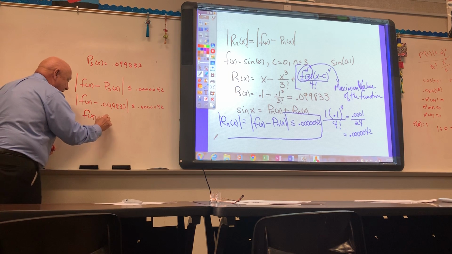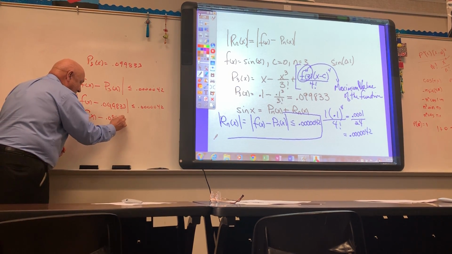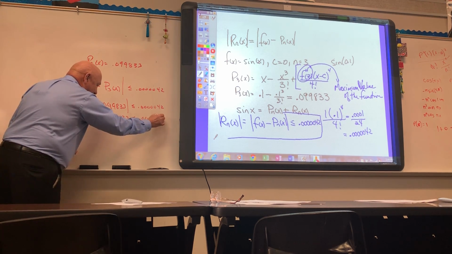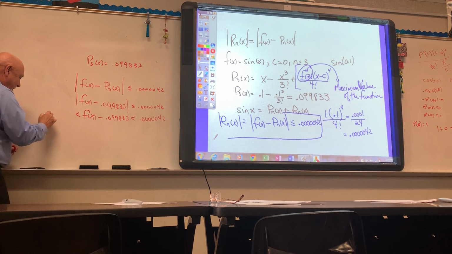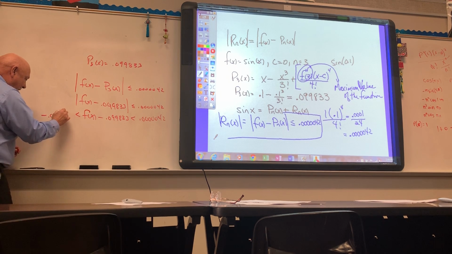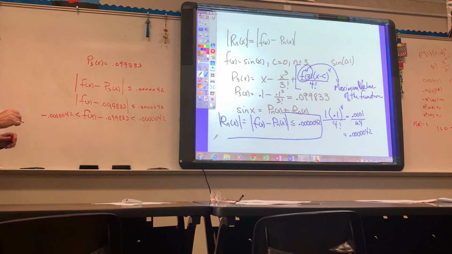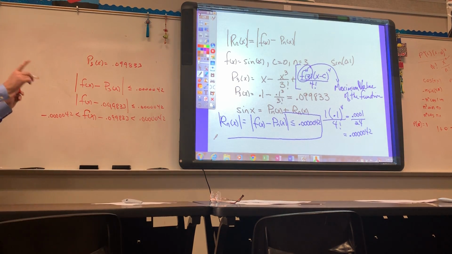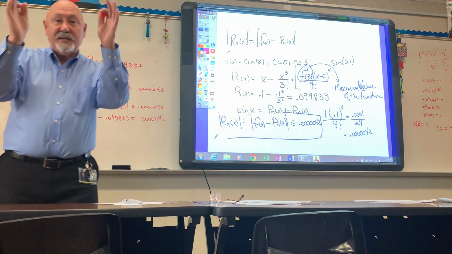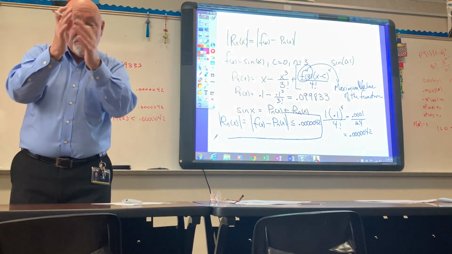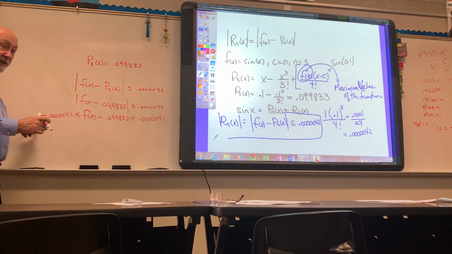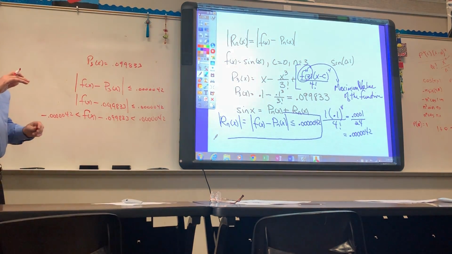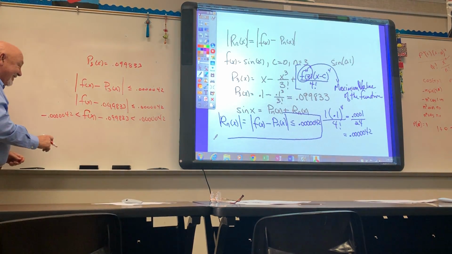The absolute value is less than or equal to that, so since it's less than, remember the rules on less than: it's 'and', so it's between. That's why I wrote it this way. If it was greater than, then it would be 'or'.